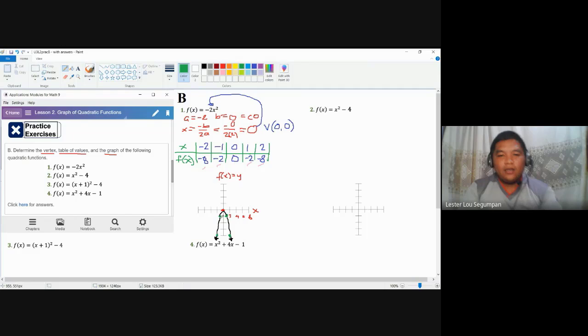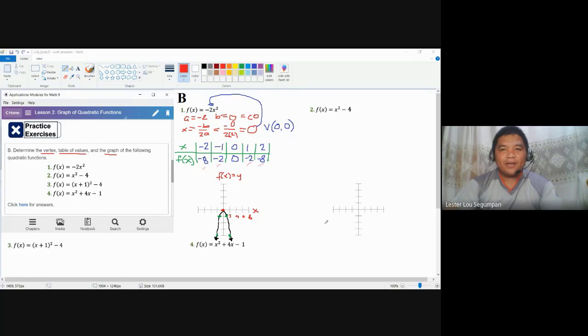My graph should be smooth, but it's not straight at this point. So I'm going to have it like this. Okay, negative 4. Okay, so this is the graph for number 1.